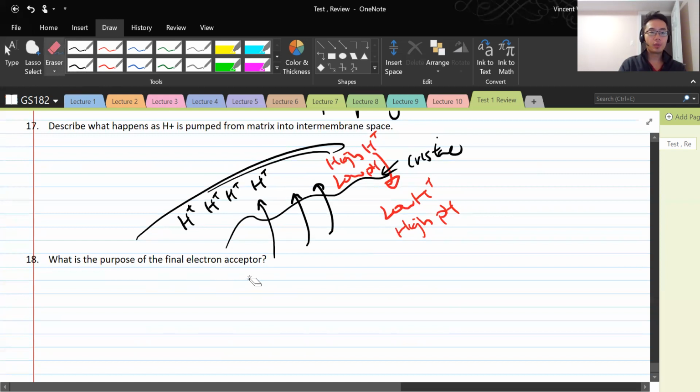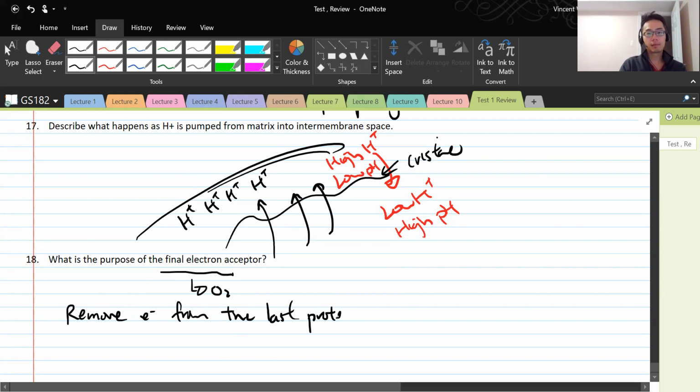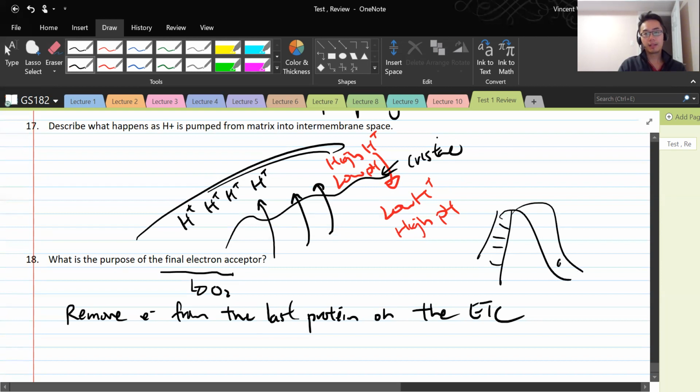The final electron acceptor is oxygen, O2. The purpose of that is to remove electrons from the last protein on the ETC. I talked about this on Friday. It's like a slide at the park. If the kid at the bottom does not go away, then the top one cannot slide down.